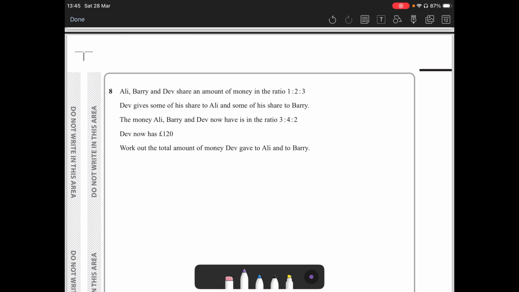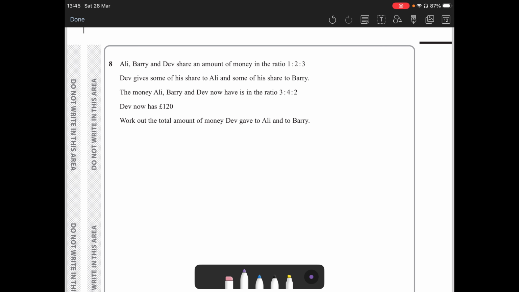All right, so this is going backwards, isn't it? So they both start, just to sort of try and make sense of this, people. I'm thinking in these terms, right? So they start where Ali, Barry, and Dev, 1, 2, 3, we don't quite know what the money is, but we know at some point, sort of the end, some money is exchanged, isn't it?